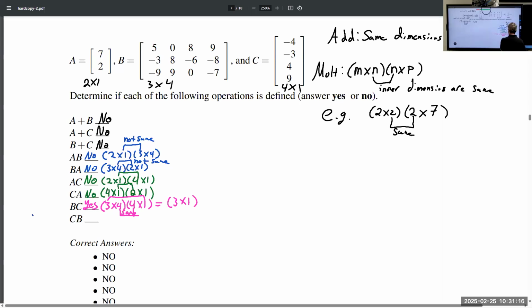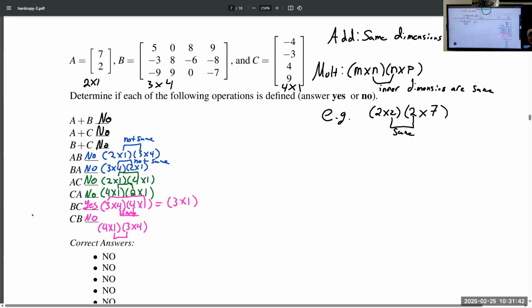CB for mine would be 4 by 1 and 3 by 4. And these are not the same. So it's no. So with multiplication, the inner dimensions have to be the same. Otherwise, we can't do it.